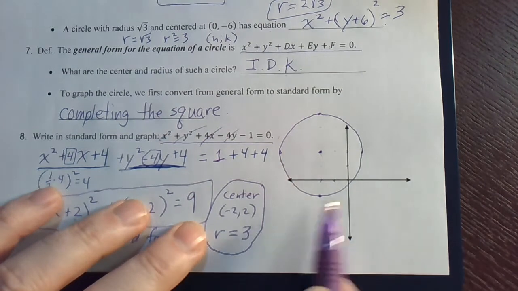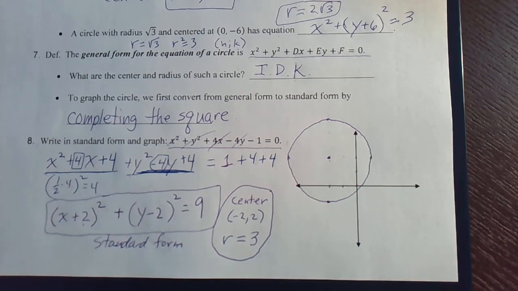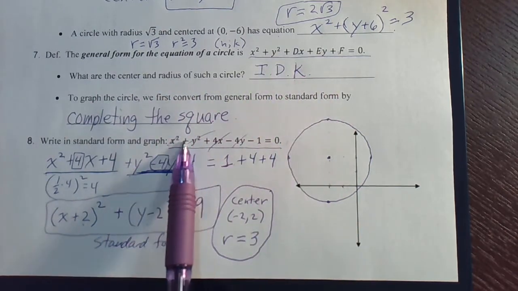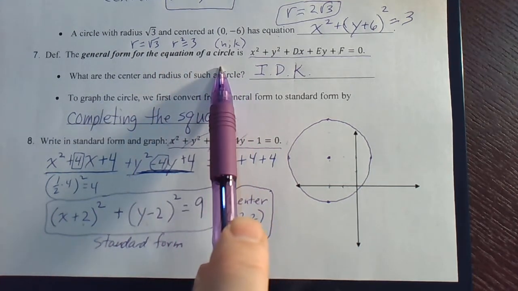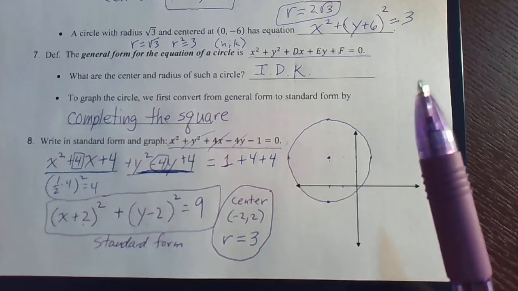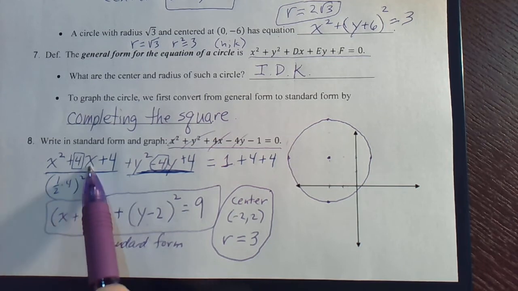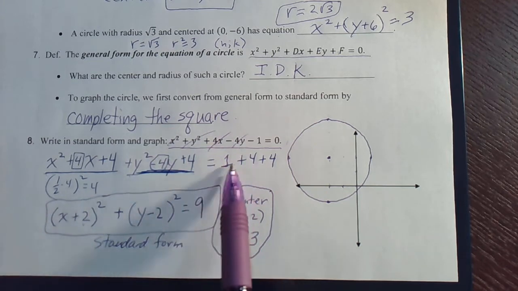All right, not too bad. But once again, when you're given the general form for the equation of a circle, like in this example, you need to complete the square to get it into the normal form, the standard form. So you group the x's together, the x squared plus 4x, and the y squared minus 4y, and you added 1 to both sides.